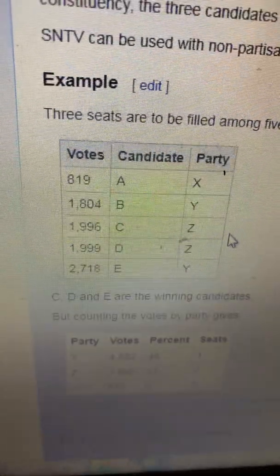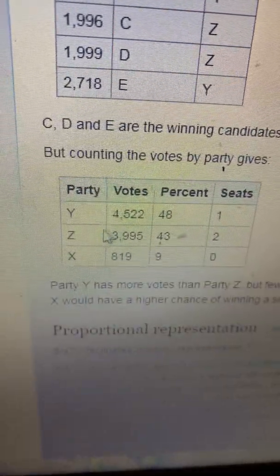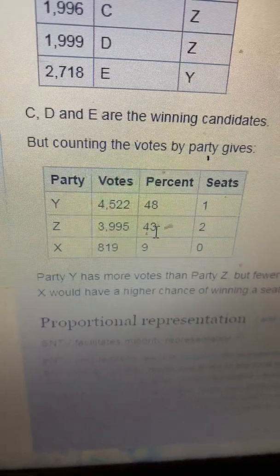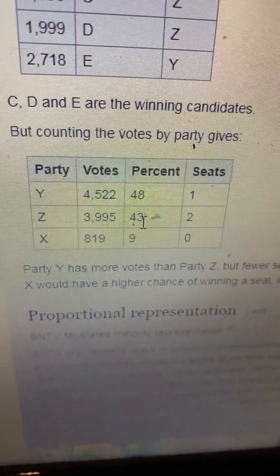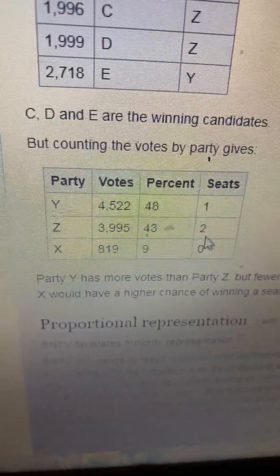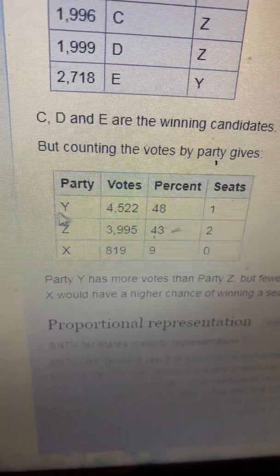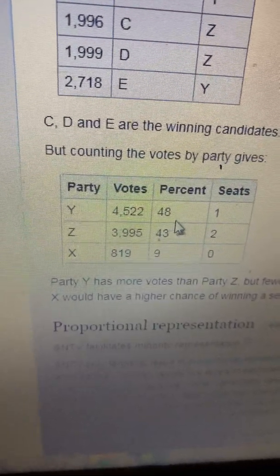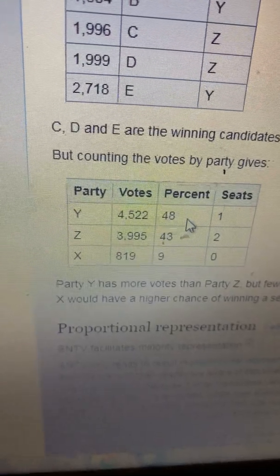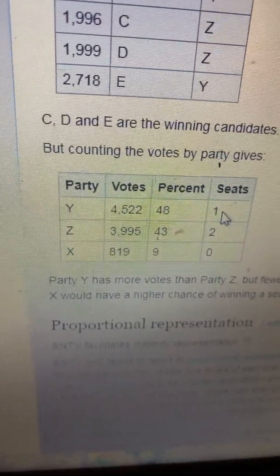You see, party Z only got 43%, but it won 2 seats, and party Y got 48%, but only one seat.